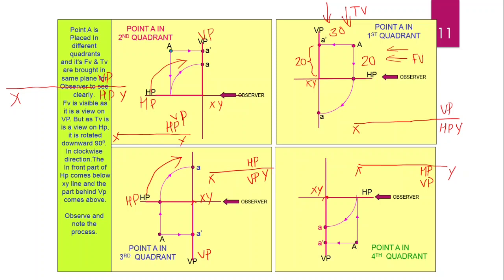This is front view and this is top view. In top view, in HP, we can represent the distance from VP. Here this 30 mm distance from VP can be represented in HP.